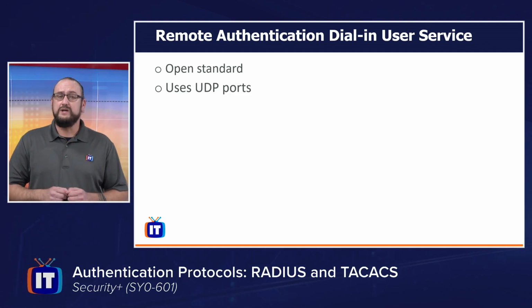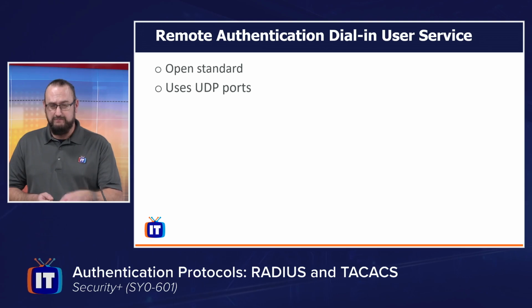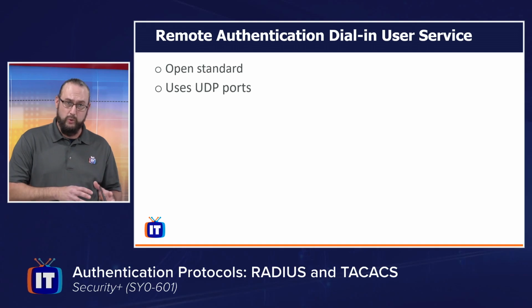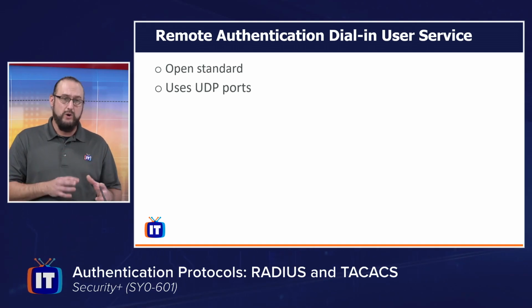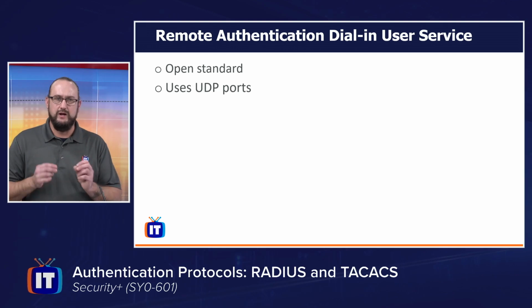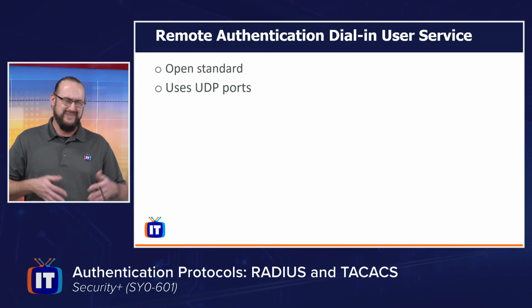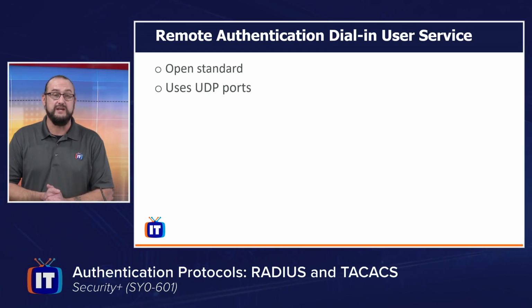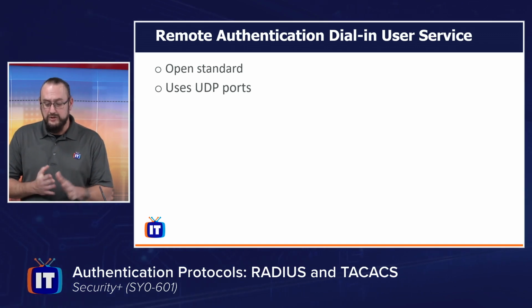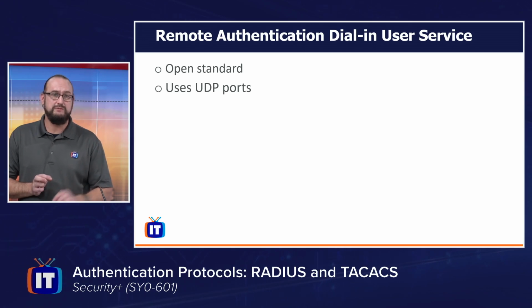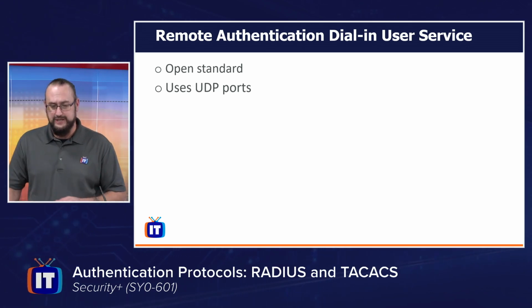Now, when we talk about using UDP ports, I've got about four of them I need you to be aware of. There are older ports for more legacy RADIUS servers, and there are some newer ports. And I say newer ports, they've been around for a bit now too, again, because this is a very old protocol. Those ports, you will see ports 1812 and 1813.